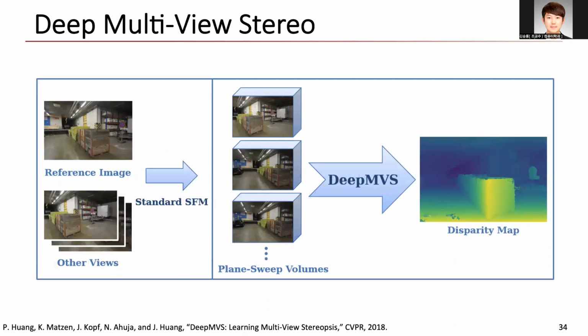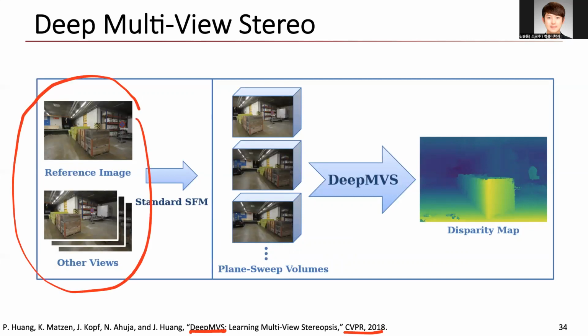So this is an example of stereo matching using a deep learning method, DeepMVS in CVPR 2018. First of all, given the multi-view images, we have to know the extrinsic parameters between the cameras.